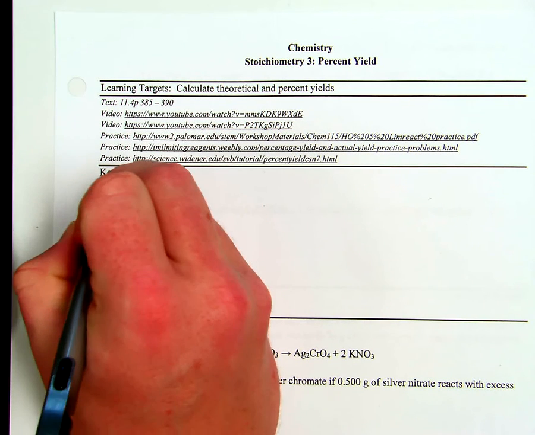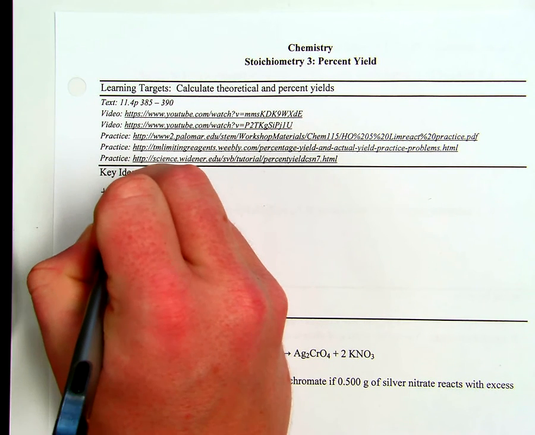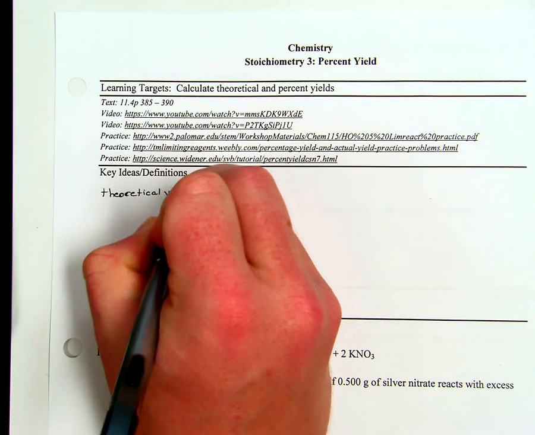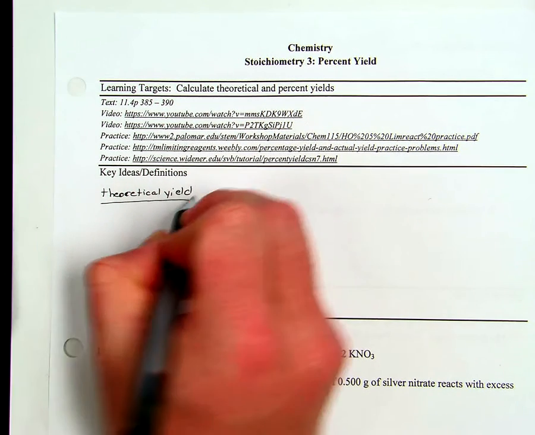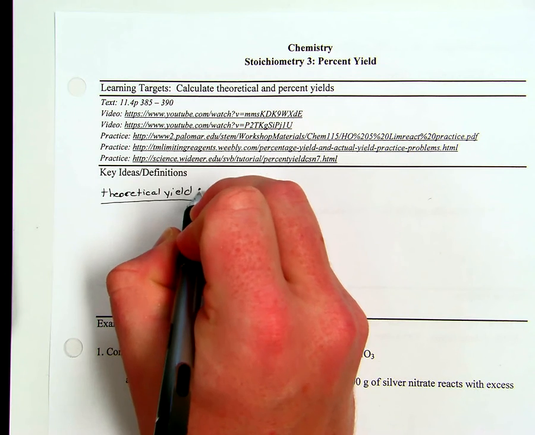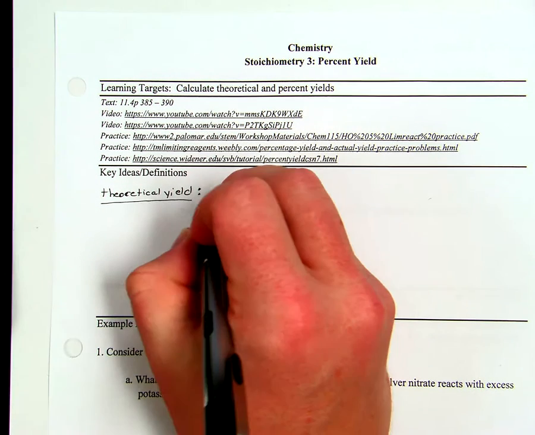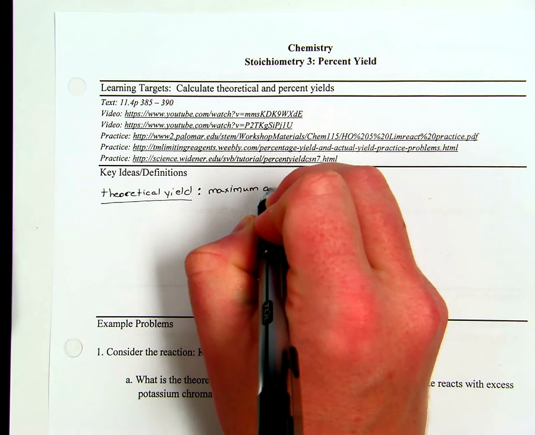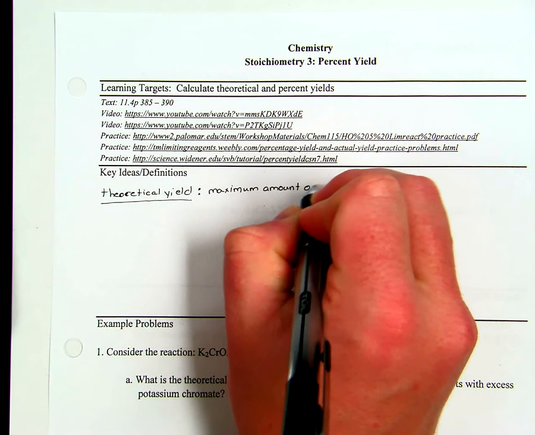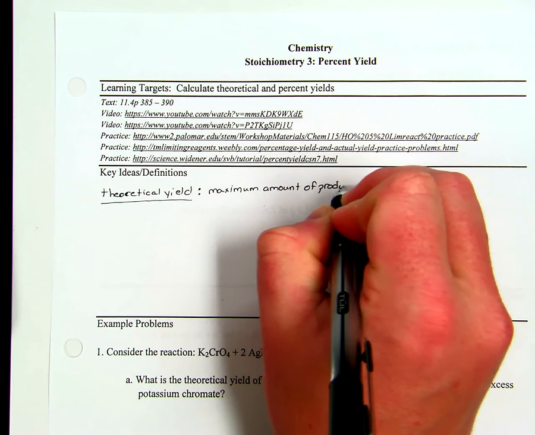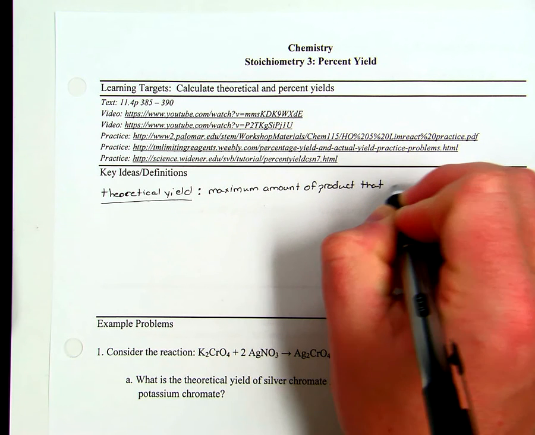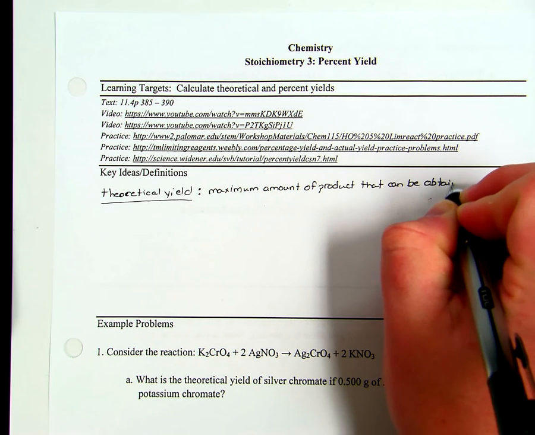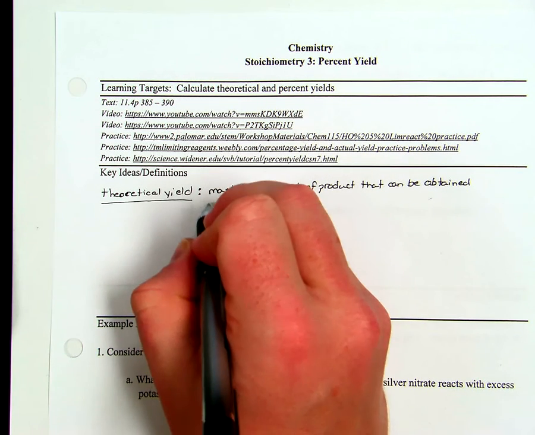A theoretical yield is a term that we've used once or twice before, more dealing with lab work, but it is simply the maximum amount of product that can be obtained in a reaction.